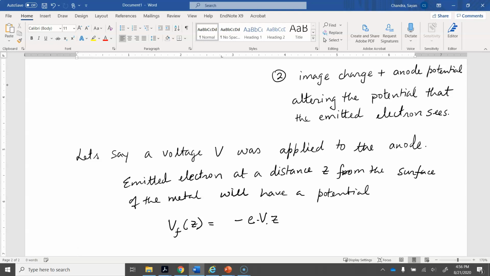That's the distance, right? Again, the negative sign is due to attraction.